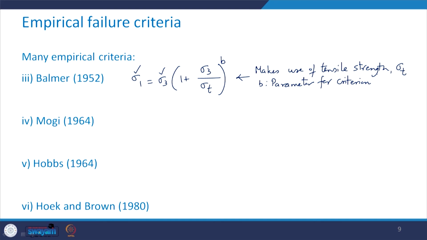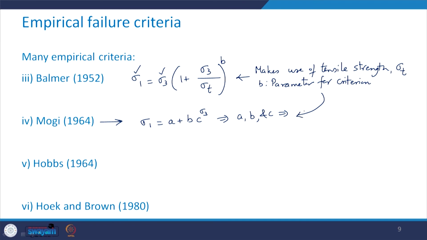Next one is given by Mogi in 1964, and this is defined by the equation sigma 1 equal to a plus b c to the power sigma 3. So here in this case a, b and c, these are the parameters for the criterion.